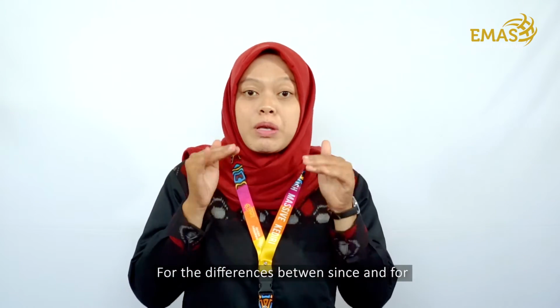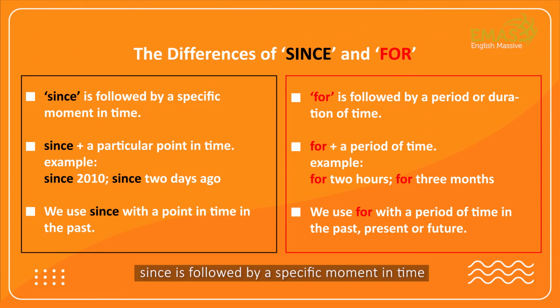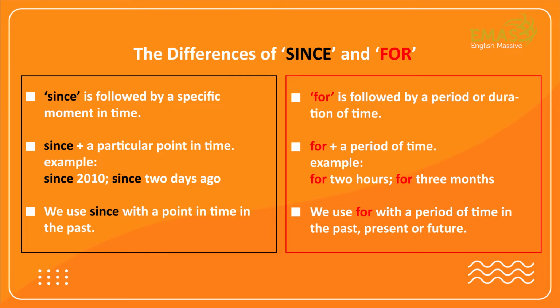For the differences between since and for, let's check the table. Since is followed by a specific moment in time, while for is followed by a period or duration of time. We can look at the formula.